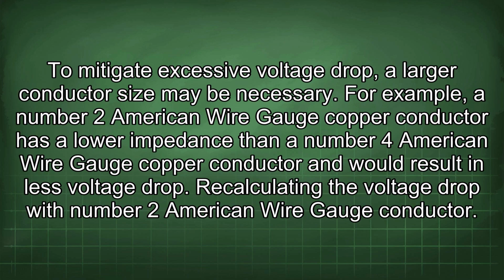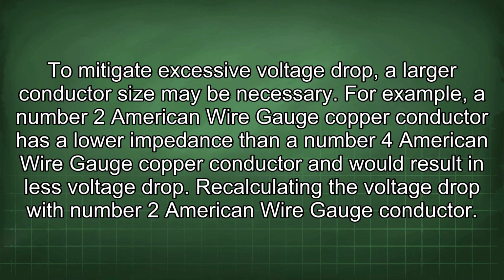To mitigate excessive voltage drop, a larger conductor size may be necessary. For example, a number 2 American wire gauge copper conductor has a lower impedance than a number 4 American wire gauge copper conductor and would result in less voltage drop.